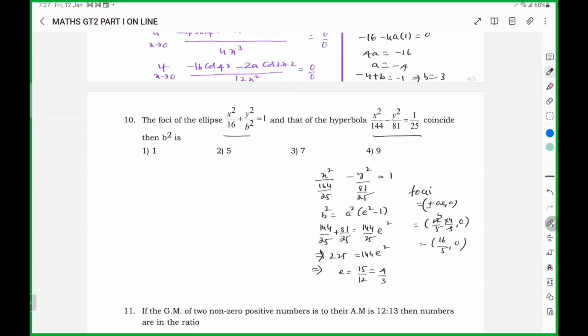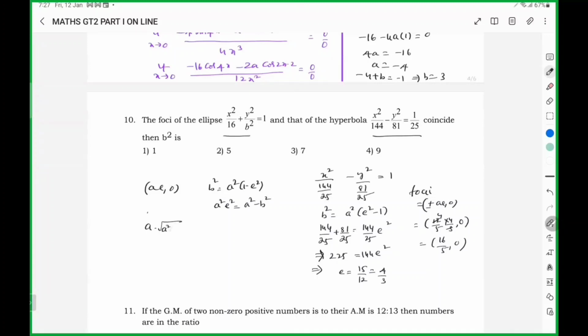Now here for foci of the ellipse will be c comma 0. B square is a square into. So a square is this.